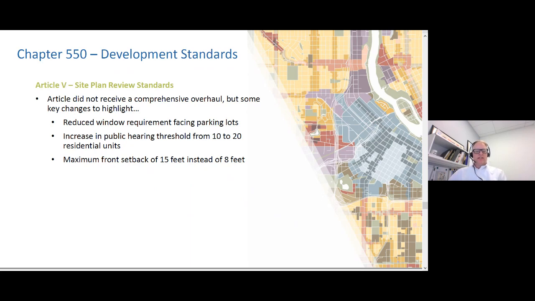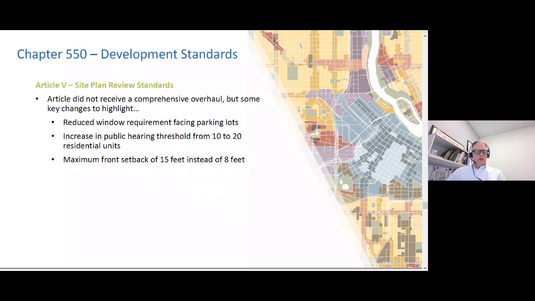Now that threshold is 20. So if a project includes no other land use applications other than site plan review, so no variances, no rezoning, etc., and it's up to 20 units, up through 19, it can be considered administratively by the staff.